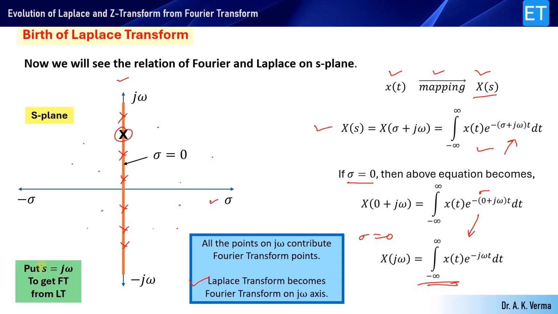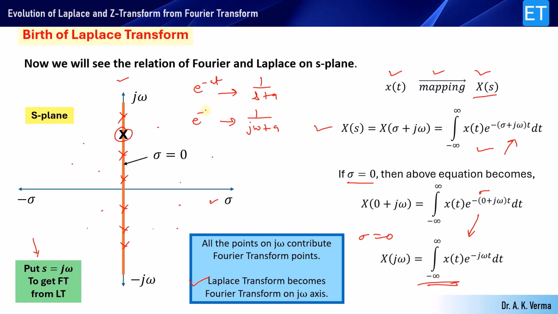Okay, so if you have a Laplace transform of some function, let's say e power minus at, the Laplace of this is 1 over s plus a. And if you want to find the Fourier transform of e power minus at, what you need to do is simply put s equal to j omega. You simply substitute j omega in place of s.